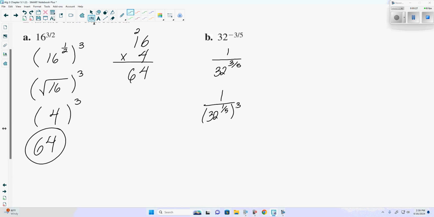And now we're going to do the exact same steps as what we did on the previous one. Because we can turn 32 to the 3/5 into 32 to the 1/5 to the 3rd.